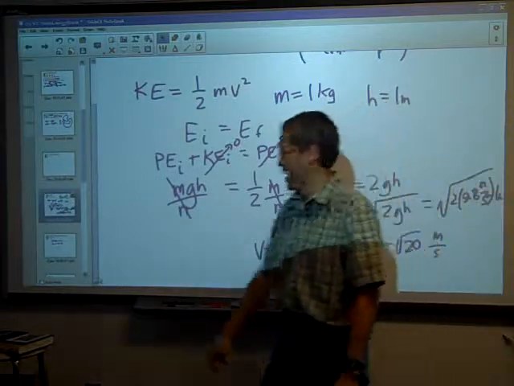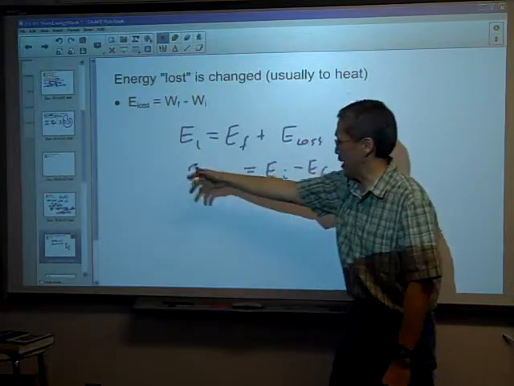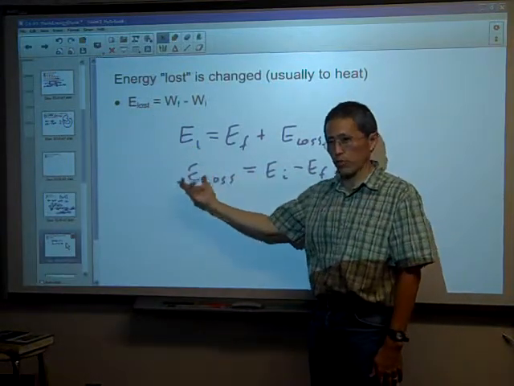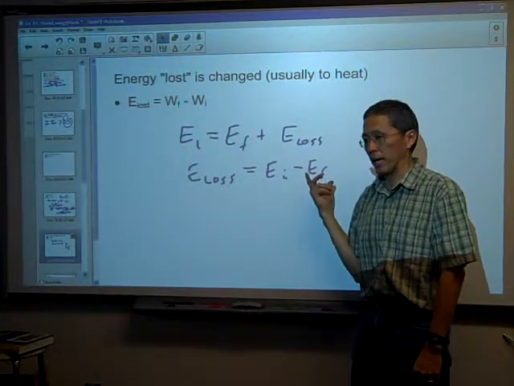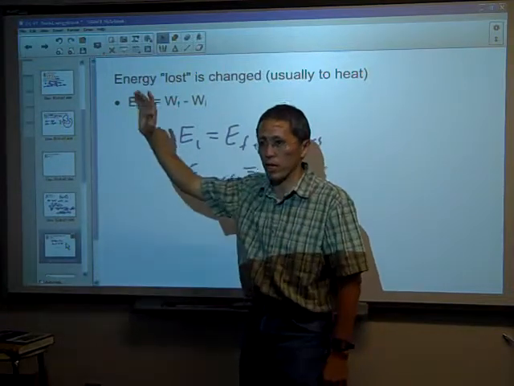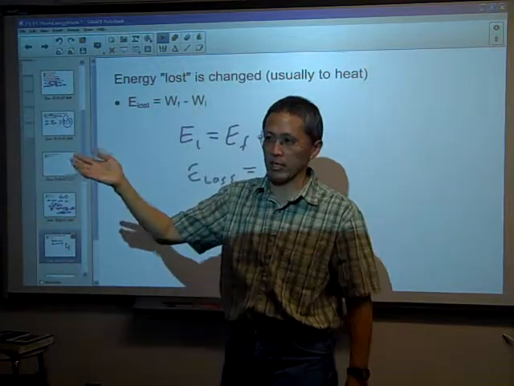All right. So, obviously I wrote this down wrong, but this should be this way. Energy lost, whatever we're losing, is whatever we started with minus what we got out. How many folks have driven a car? And how efficient are car engines?